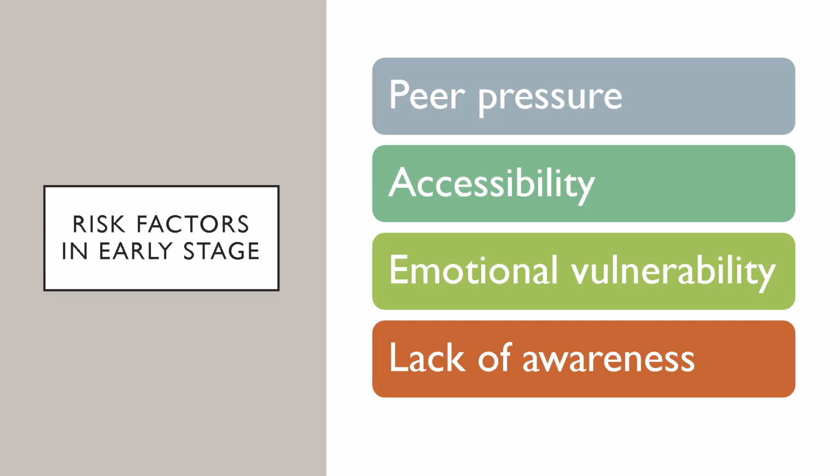Emotional vulnerability is also important here. People who are experiencing stress or trauma or emotional distress might be more likely to use substances as a coping mechanism. And then, lastly, a lack of awareness can contribute to risk, because maybe they don't fully understand the potential consequences of the substance use, especially in those early stages.